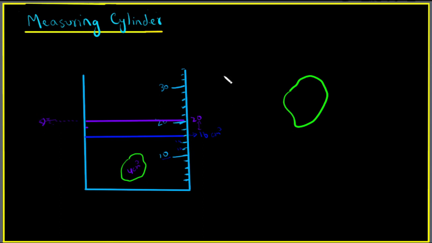If this is the level of your eye, and you're looking at the reading from here, it might actually result in a parallax error, because you are actually seeing it from above, and you might see this reading as 22 centimeters cube instead of 20. It might seem accurate to you, but it is not. So you always need to see it parallel from the axis of this surface of water, right?